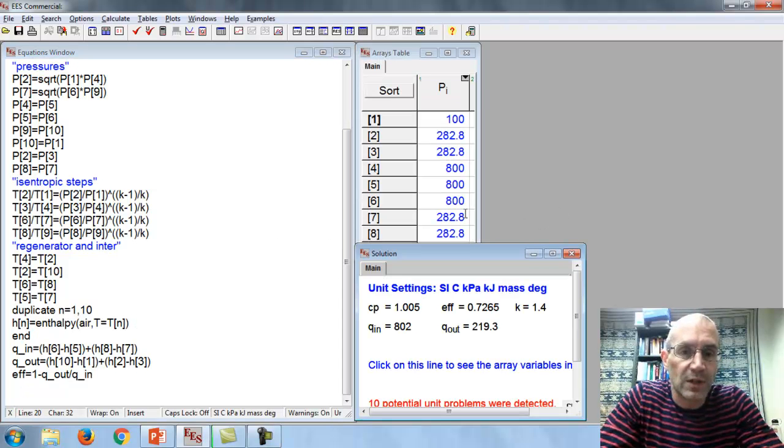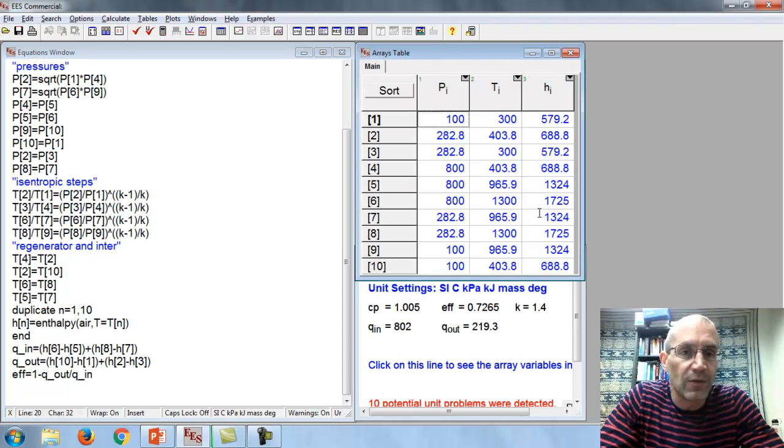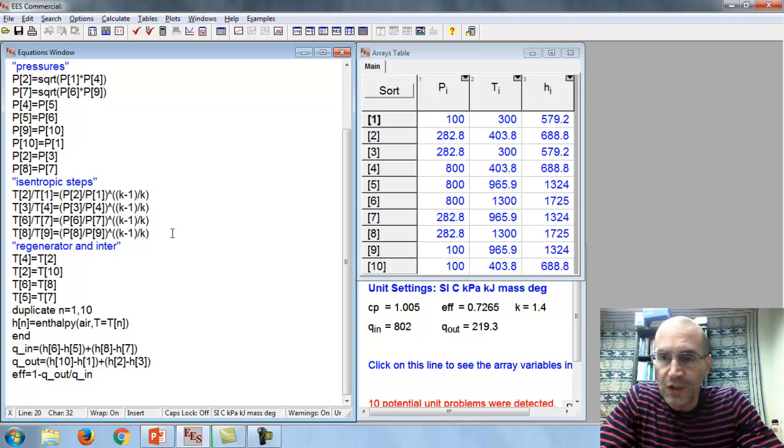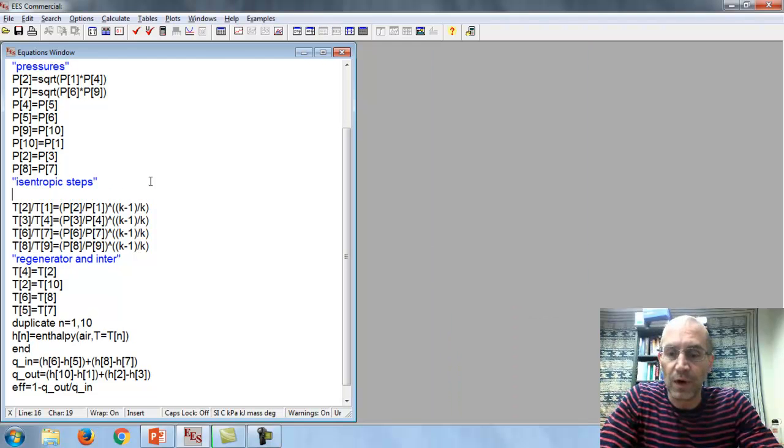So with that one small change, we're now going to have a whole new set of enthalpy values. The other thing we need to do is change these isentropic relations to set the entropies to be the same. First thing we need to do is determine what the entropy is.